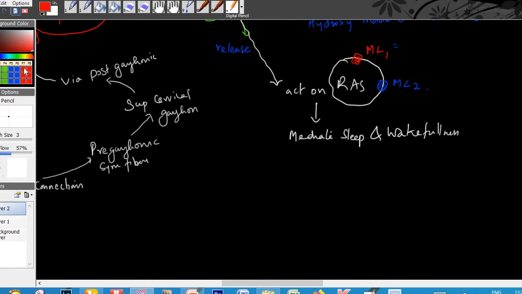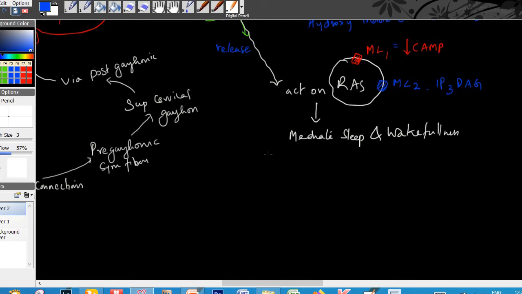The mechanism of action of ML1 receptor is by inhibition of cAMP mechanism. At the same time, ML2 has the IP3 DAG mechanism. So this is how these two act. What is the significance of all these receptors?